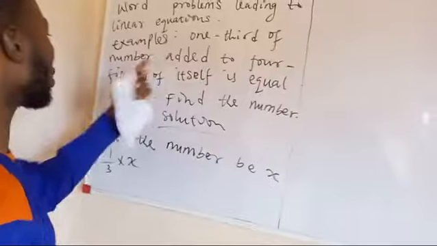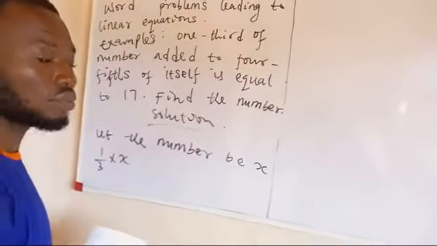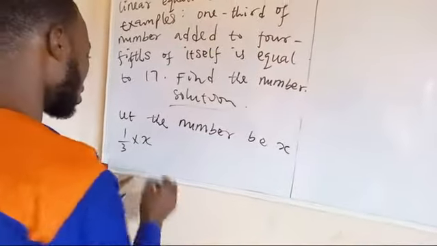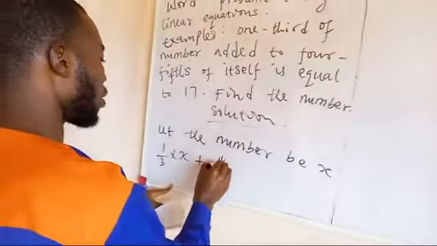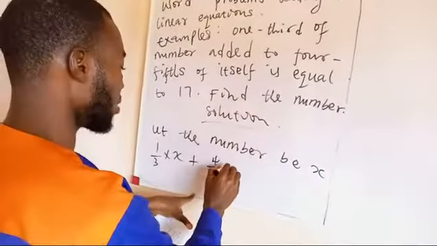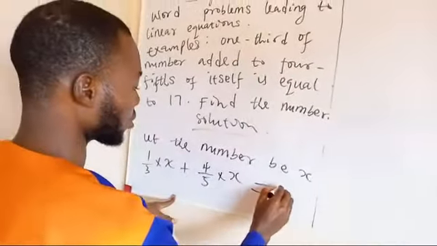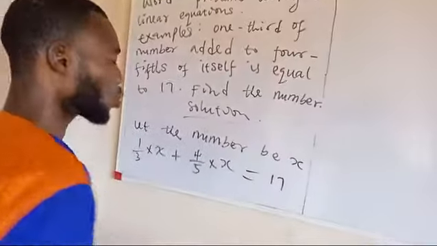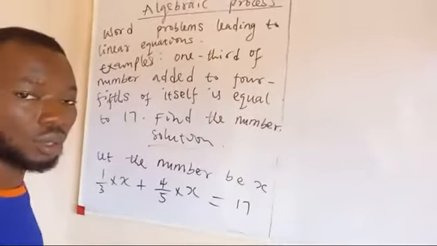So 1/3 of x is added. Addition means plus. So we have plus 4/5 of itself, of that number, times x, is equal to 17. So we have translated the statement into a mathematical form.